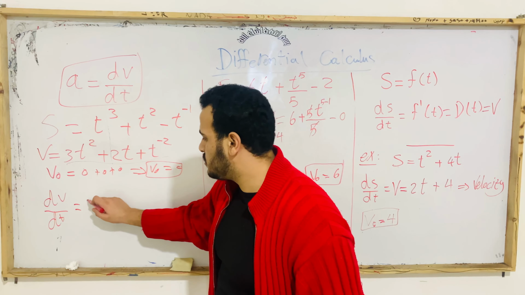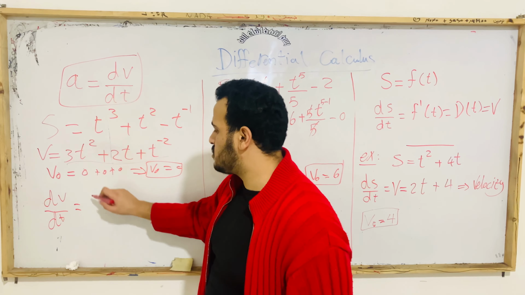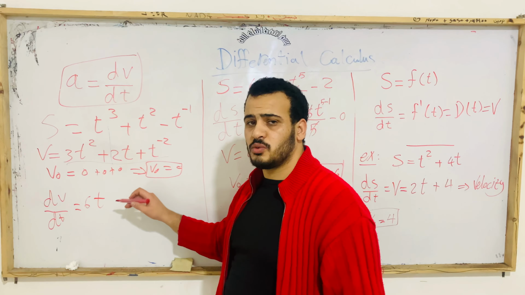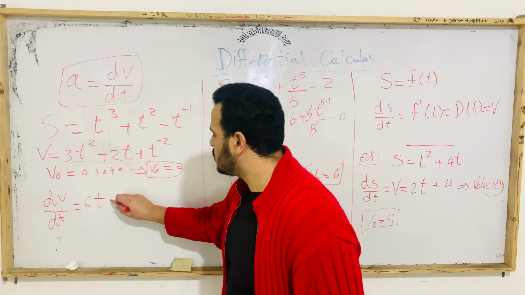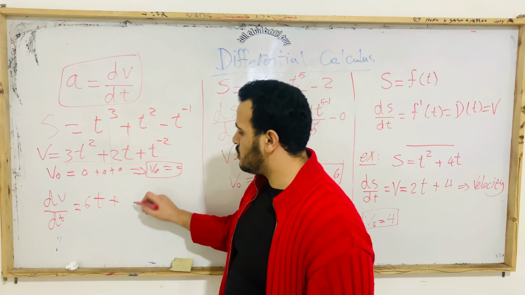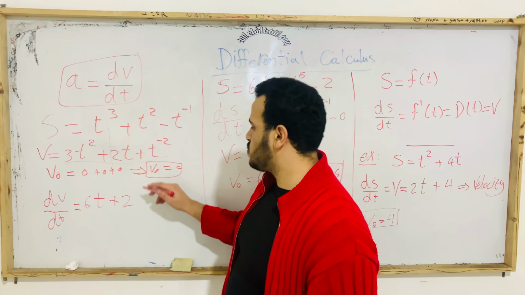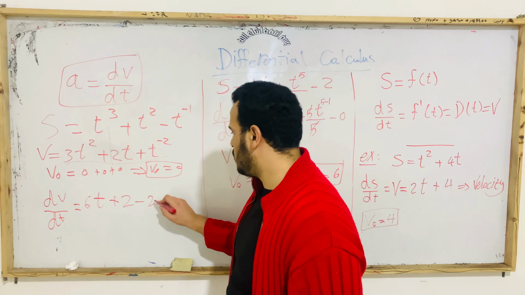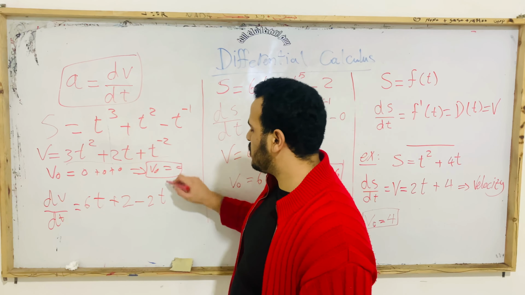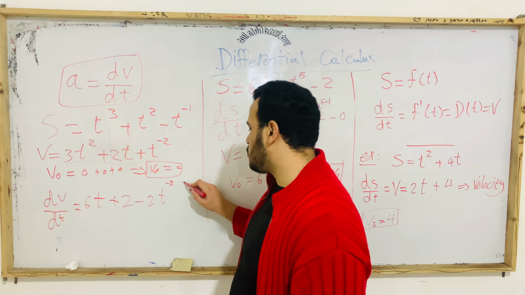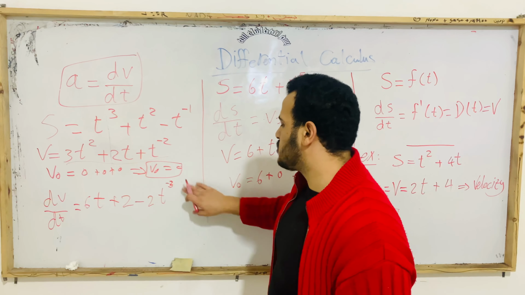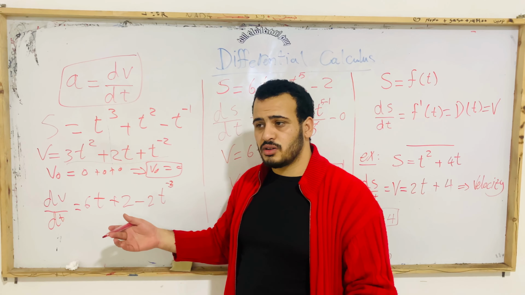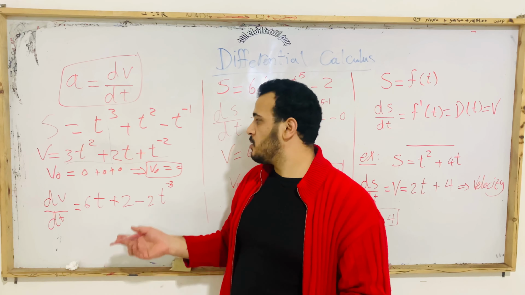So 3 times 2 is going to be 6 times t raised to the power 2 minus 1, which is 1, as you can see, plus 2 times t, this is going to be 2 only, and this one is going to be, we drop the power, which is negative 2 times t raised to the power negative 3, negative 2 minus 1, which is negative 3. So this is how we can get the acceleration from a function related to distance.